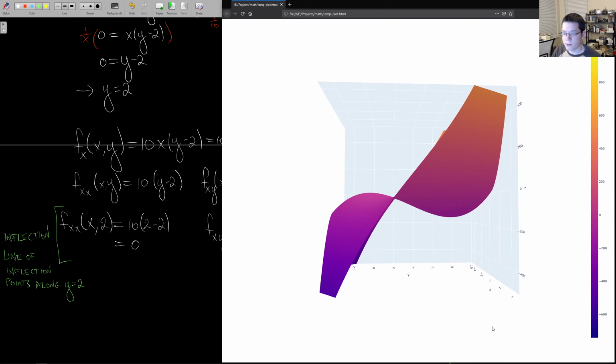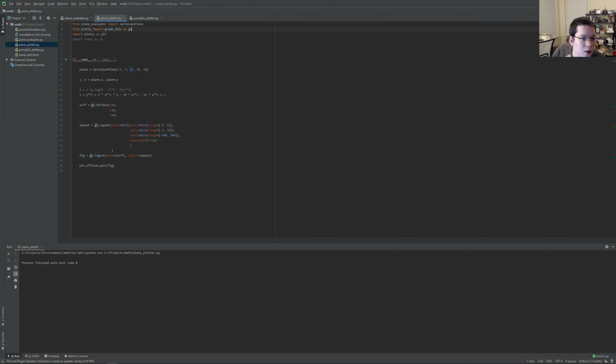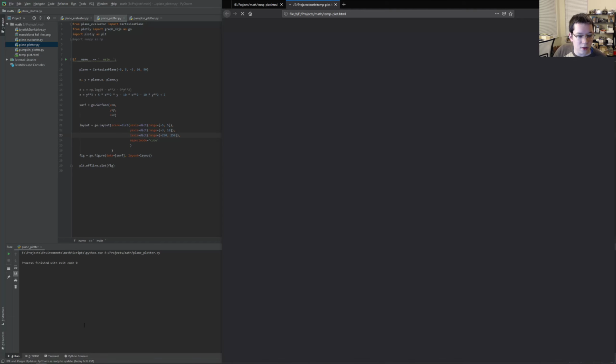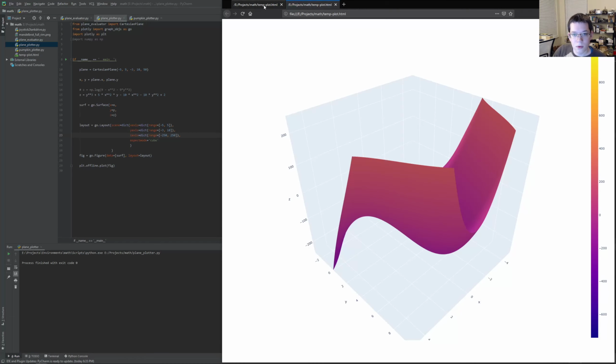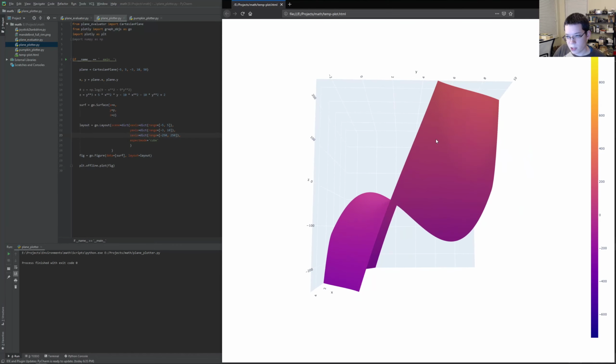Let's also adjust that graph. I want to go from negative 250 to positive 250. And have this update. There we go. That's not better.